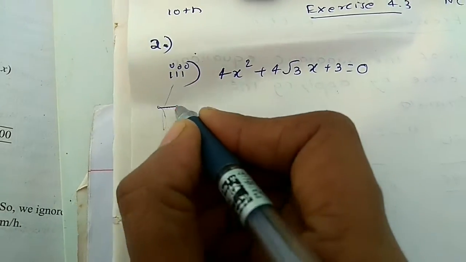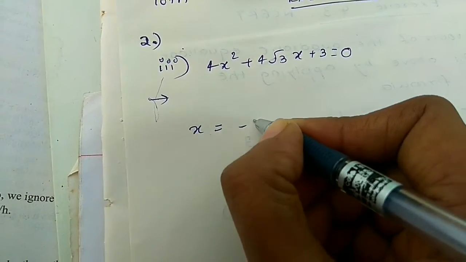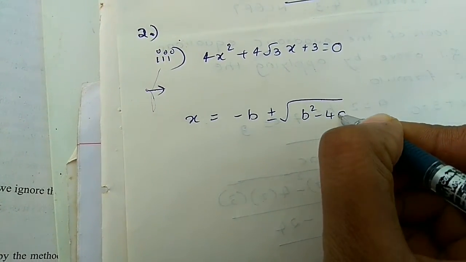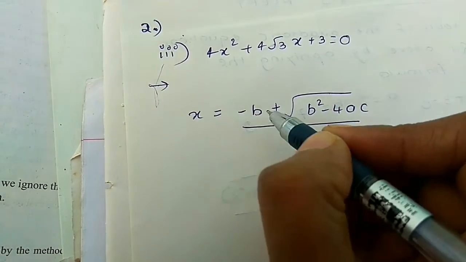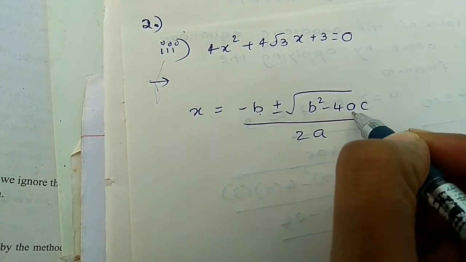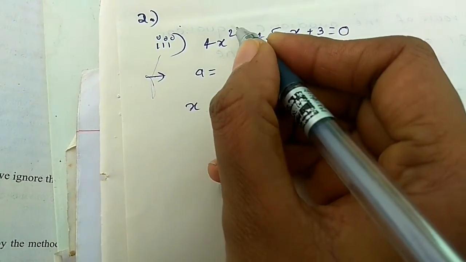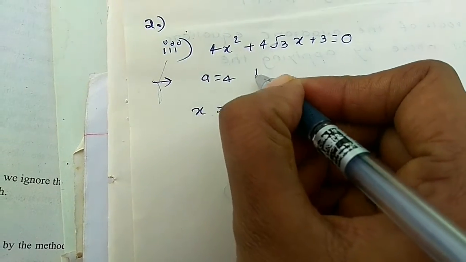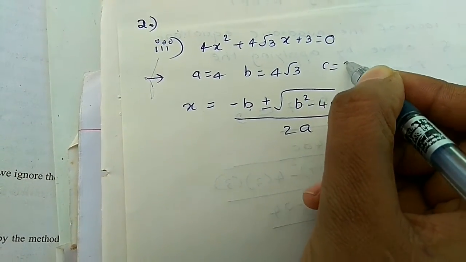First of all you have to write the quadratic formula: x equals minus b plus or minus root b square minus 4ac, whole divided by 2a. To find x you should know a, b and c. So a is the coefficient of x square, that is 4, b is the coefficient of x, that is 4 into root 3, and c is 3.